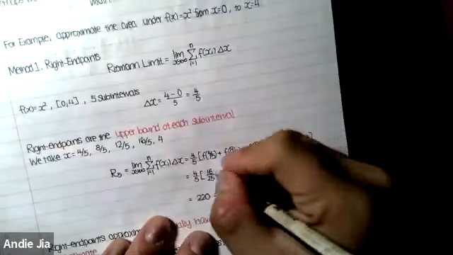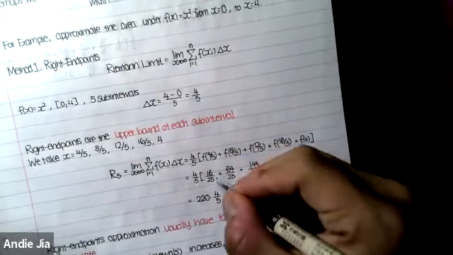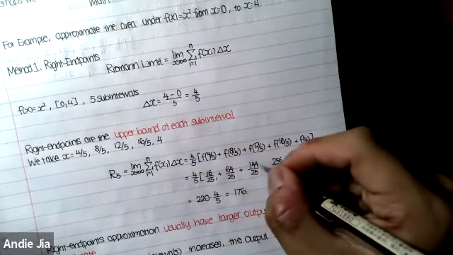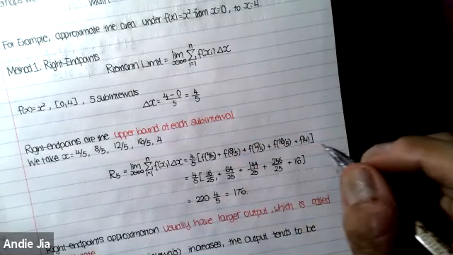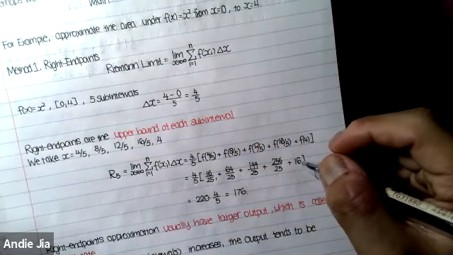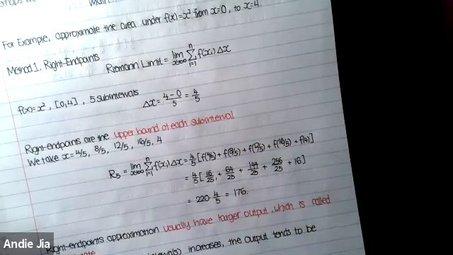Actually, I have to check my answer on the back side of it. So we have 400, 480 plus 880, 880 over 25.